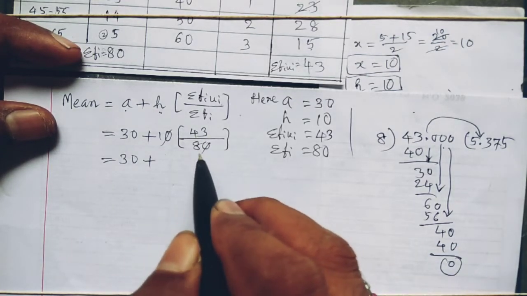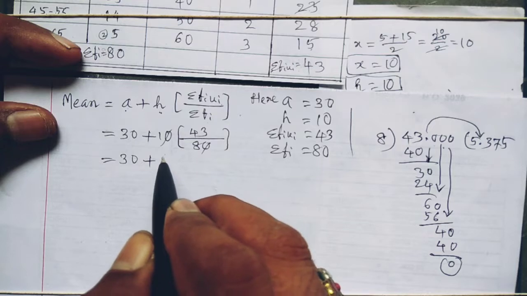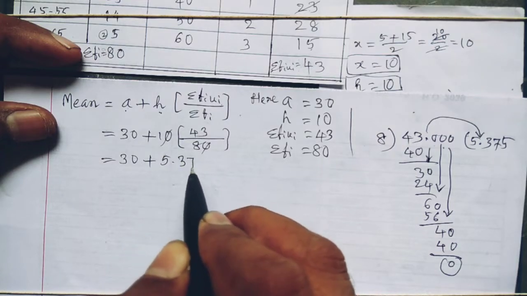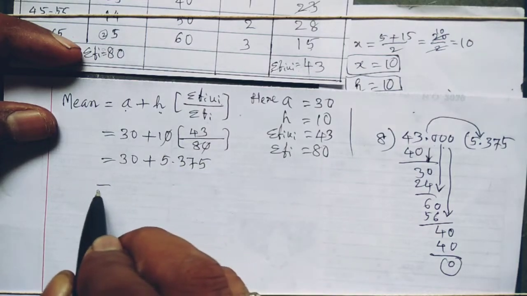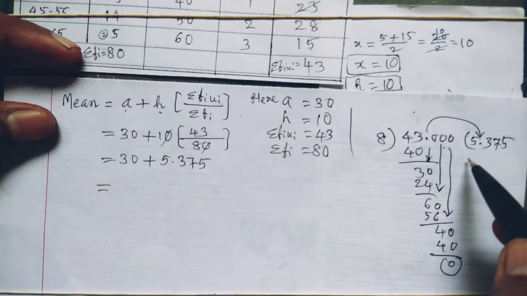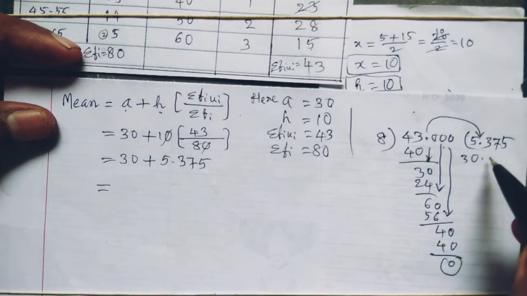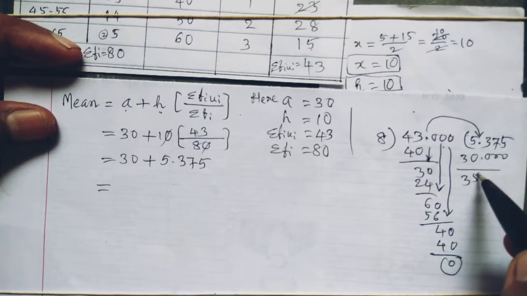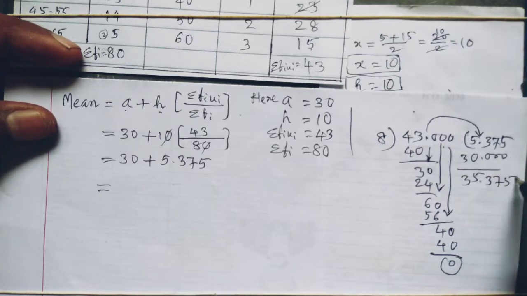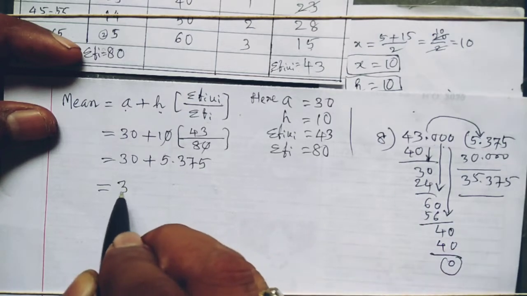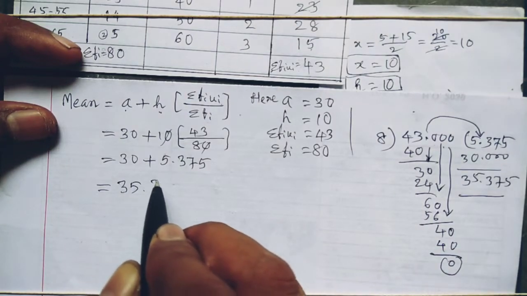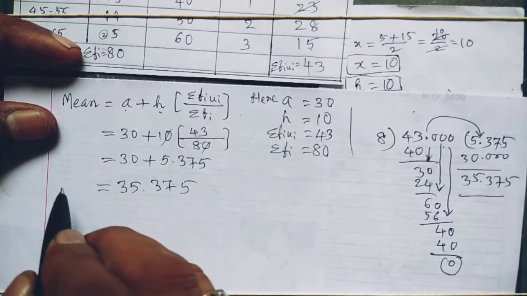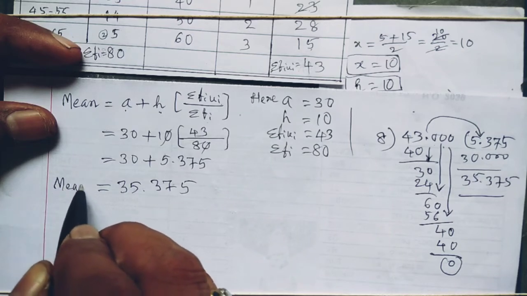So 43 by 8 is 5.375. So we have to add this to 30: 35.375. So this is the mean.